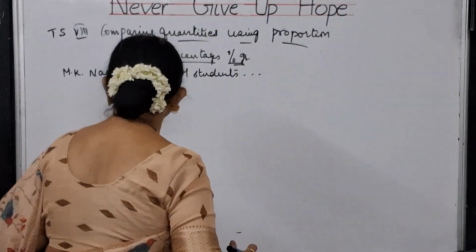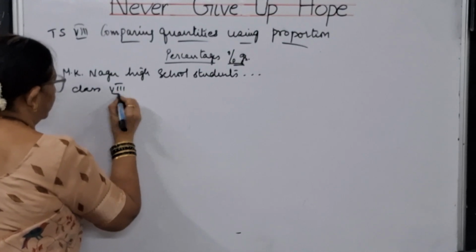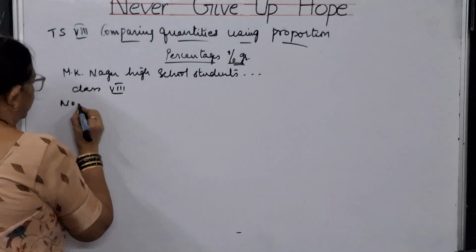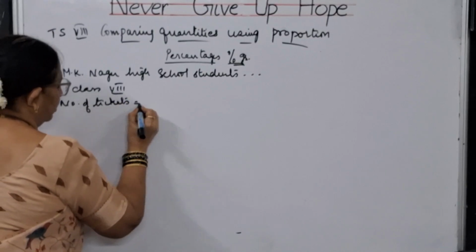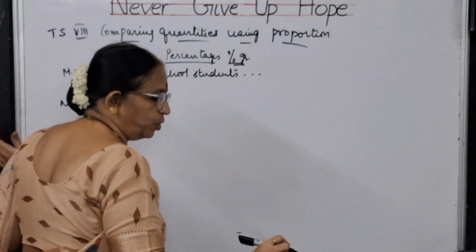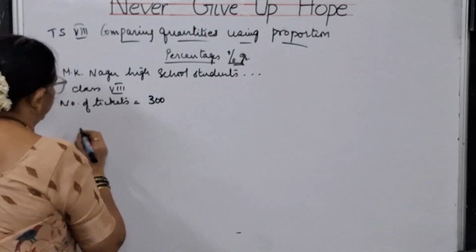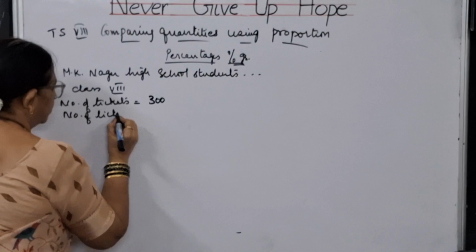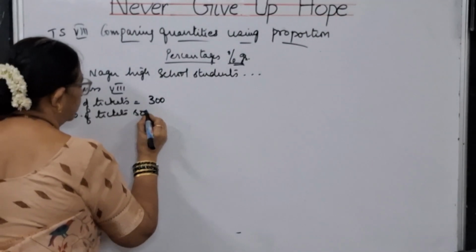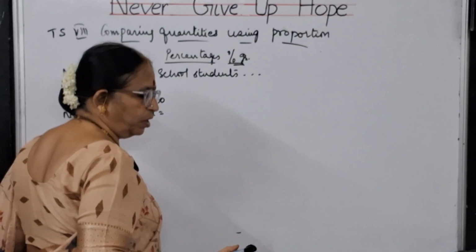Let us talk about 8th class. Class 8. Number of tickets that they are having. How many tickets are given to 8th class? 300 tickets. And number of tickets sold, how much they have sold?